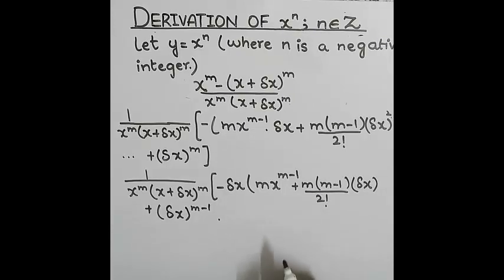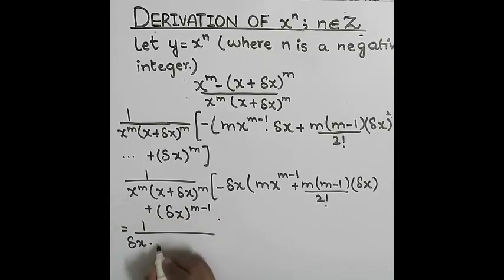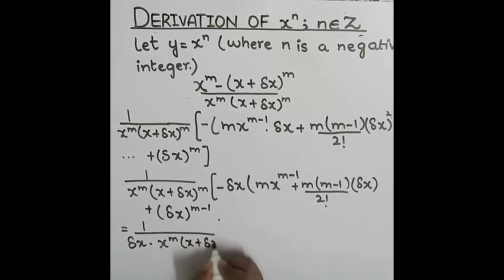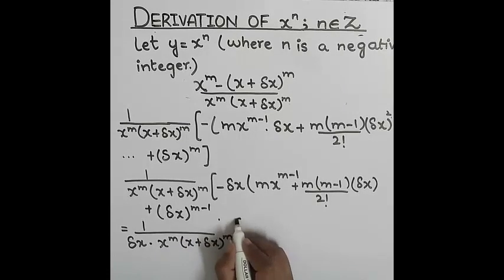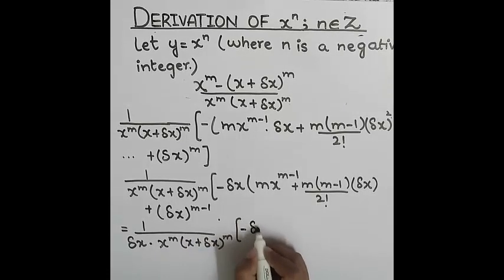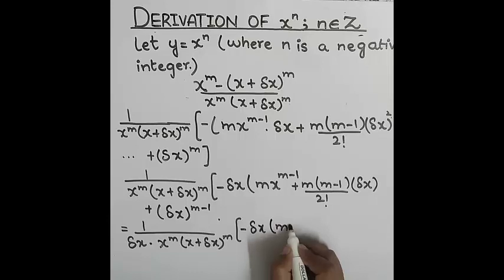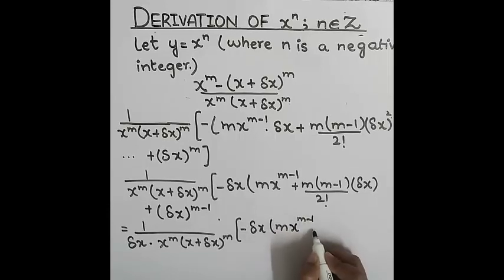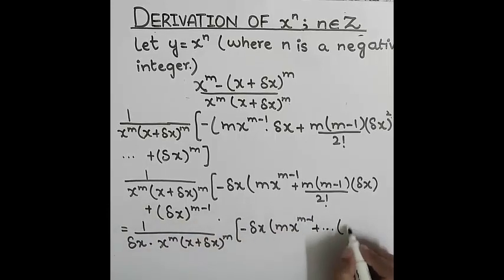If we divide this term by delta x, what will come? 1 over delta x of the division, and this term will come as it is: delta x over x^m (x plus delta x) raised to power m, minus delta x times m x^(m minus 1) up to delta x^(m minus 1).